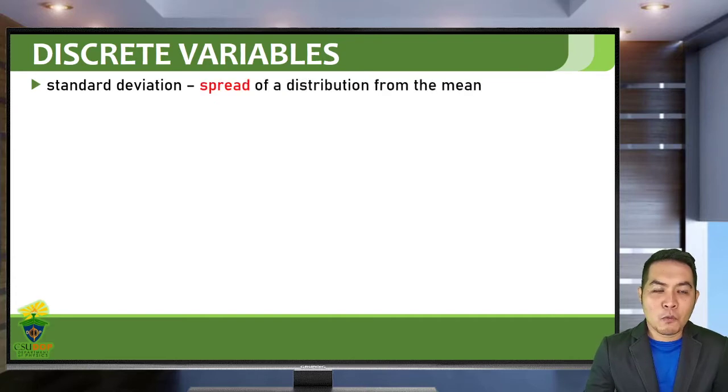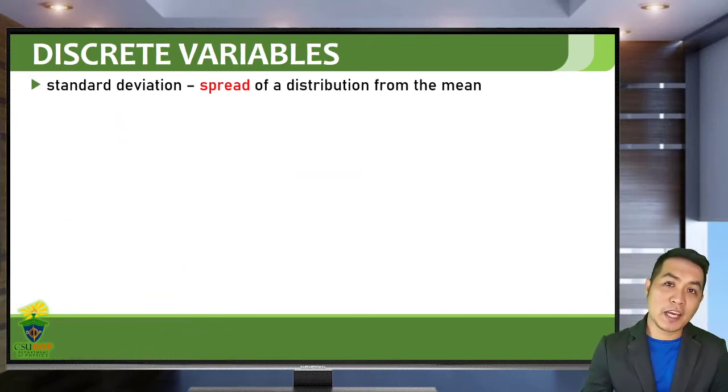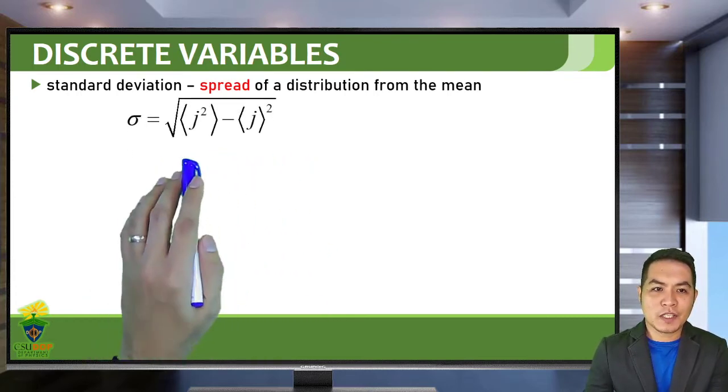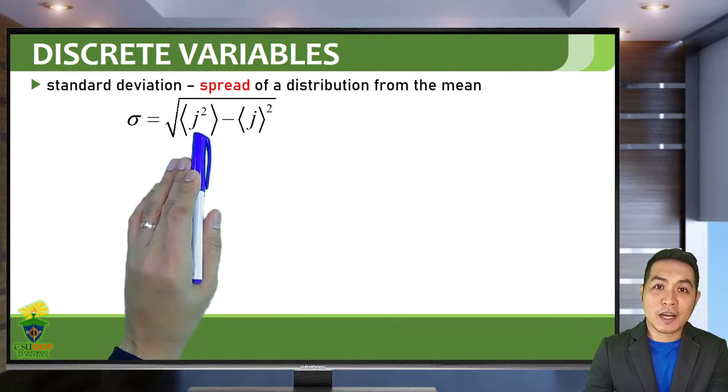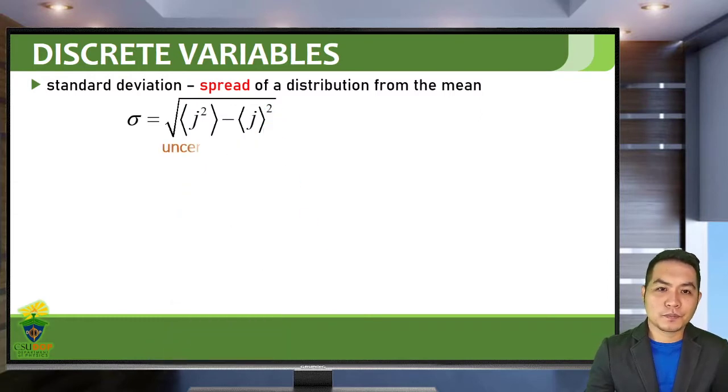One property of discrete variables is standard deviation. Essentially, it's the deviation or spread of a distribution from the mean or average value. It is defined as this expression: the expectation value of the square of the event, j squared, minus the expectation value of j raised to the power of 2.